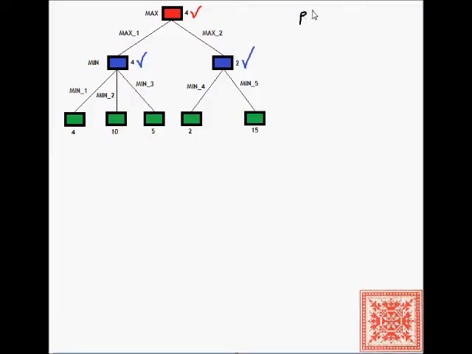Minmax games, generally speaking, are so called because there are two players. The first one is called Max, and the second player is called Min. Max typically starts, and Min moves second, and then they take turns.